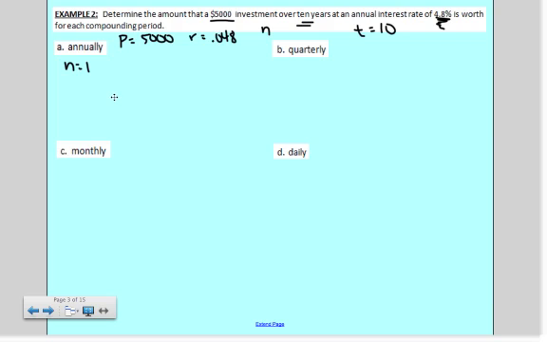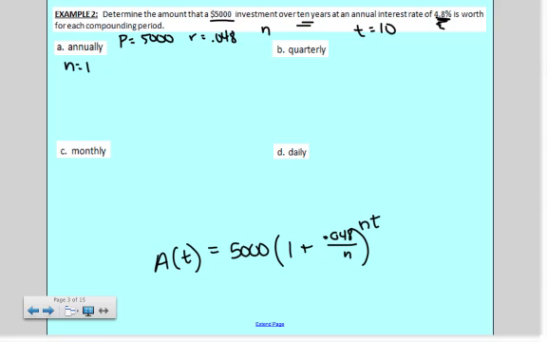And so we also want to come up with our general formula. Let me write it down here. A of T equals 5,000 times 1 plus, because we're increasing, 0.048 over N, which we don't know yet, raised to NT.